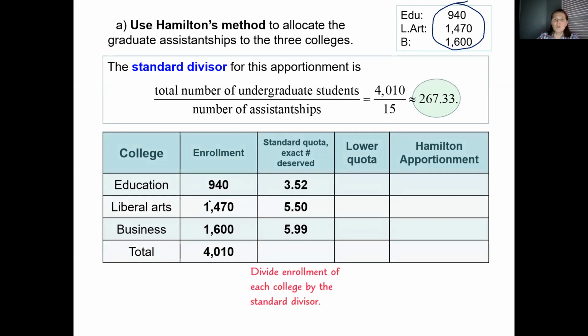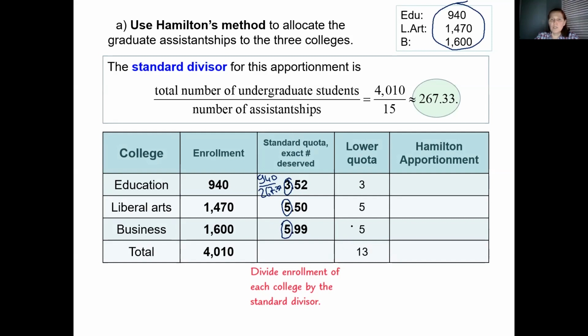Now we find the standard quotas for every college by dividing the enrollment by the standard divisor. For education, 940 divided by 267.33 is 3.52. For liberal arts, we get 5.50. For business, 5.99. According to the Hamilton method, we assign the lower quota, or the whole part of this number: 3, 5, and 5.